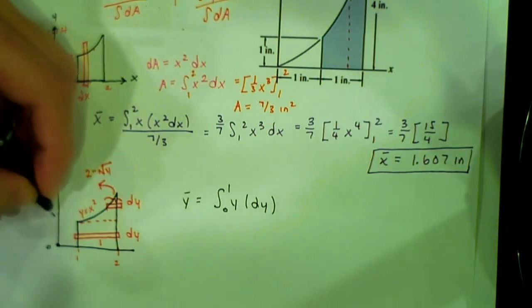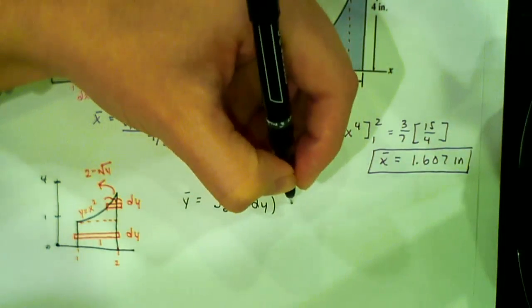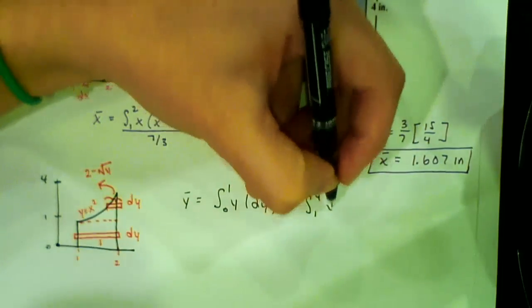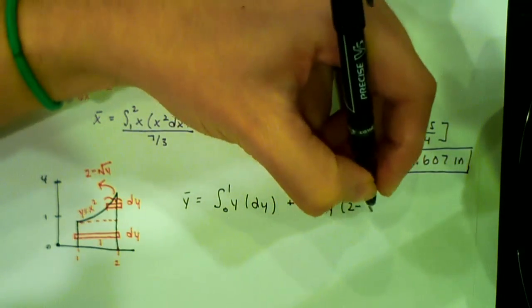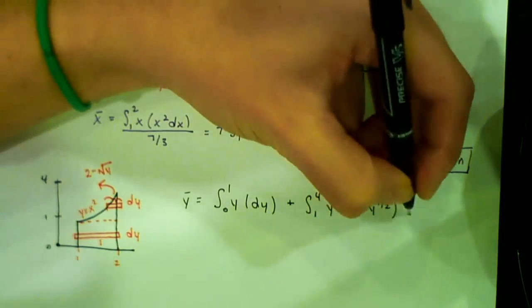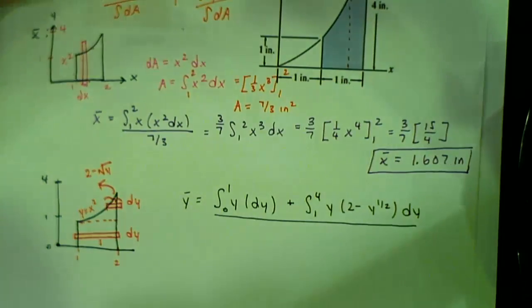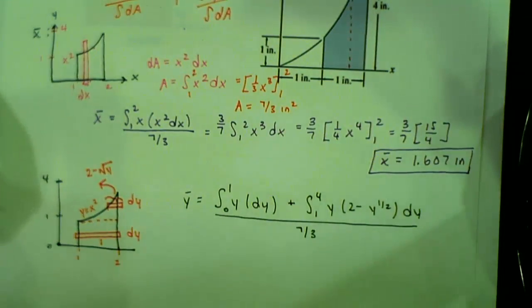So that's 0, that's 1, and way up here is 4. Then I have plus the integral from 1 to 4 of y times the next one, which is 2 minus y to the 1/2 dy. And all of this is over the area, which doesn't change. It's still 7 over 3.